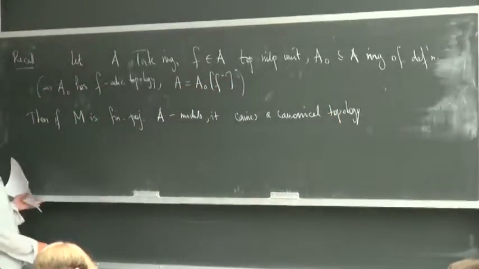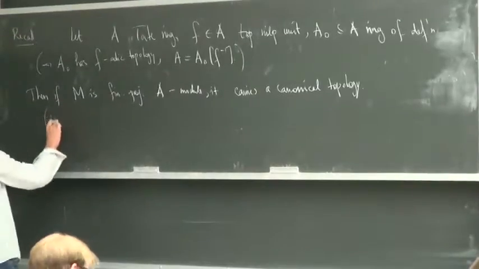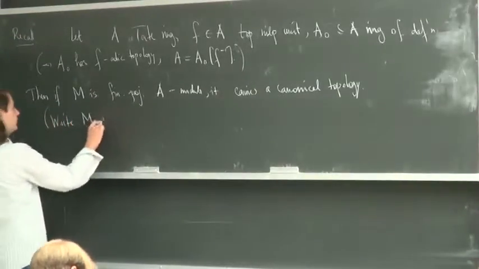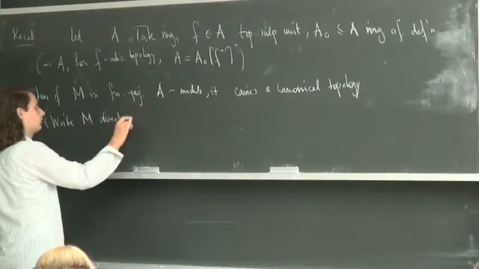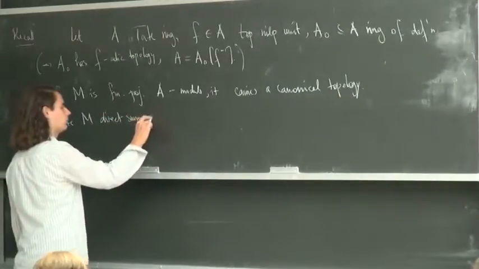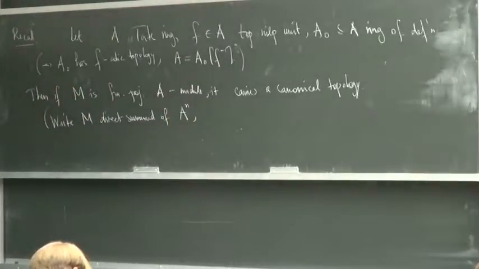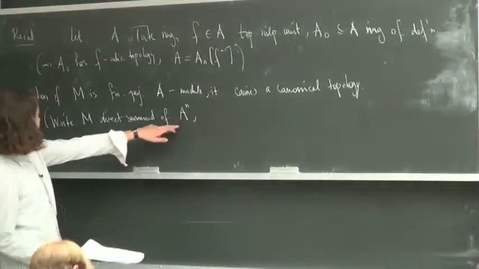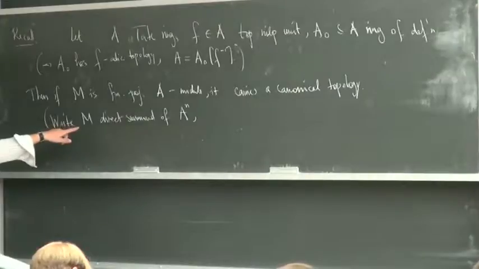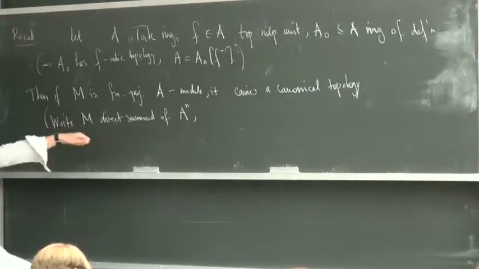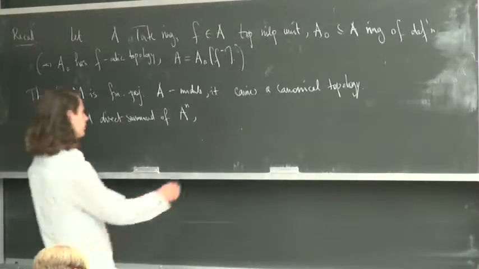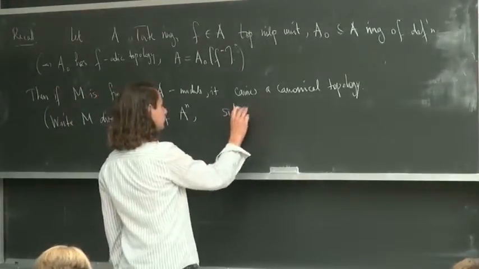One way to define this is to note that you can write M as a direct summand of some free module A to the n, and then A to the n has a canonical topology, and you can look at the subspace topology as a direct summand or the quotient topology, and they agree. It's induced.